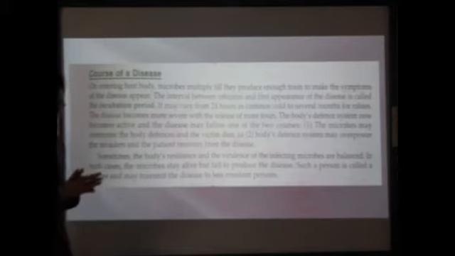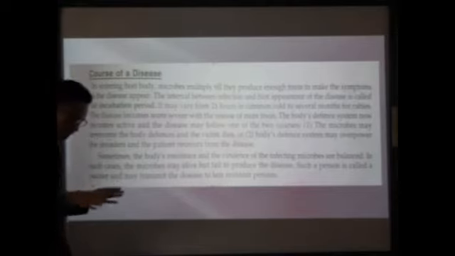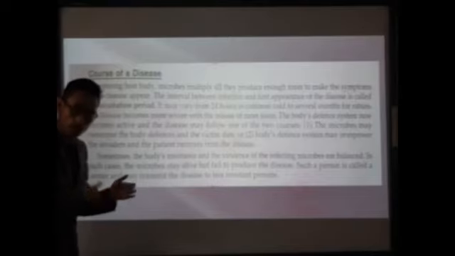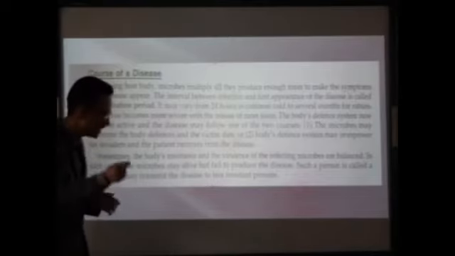In such cases, the microbes stay alive but fail to produce the disease. When they are in a balanced state, the microbes or pathogens will not die, they will survive and live, but they will not be able to show the symptoms of the disease.